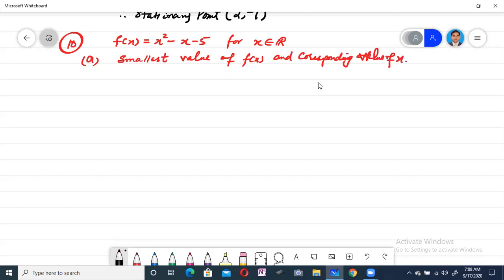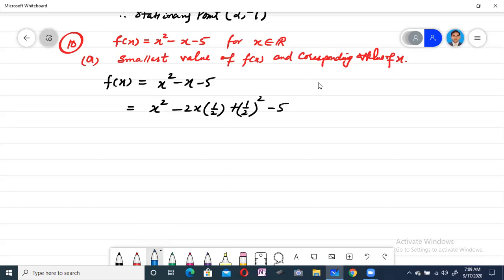For smallest value, least value or the highest value, maximum value or minimum value, we need perfect square form in this function, x square minus x minus 5. As a square is x square, minus 2 into a is x. B, what we will take? We will take here b 1 by 2 because 2 can cancel. Here will be minus x. Then b square will be 1 by 2 square minus 5 as it is.